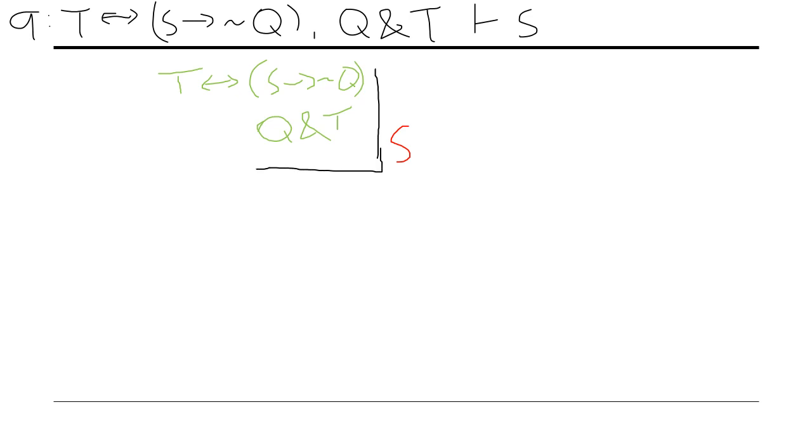Its main operator is the double arrow. So we'll branch it out because what makes a double arrow true is if both sides match. S arrow, not Q. And then I want to write them as both false.